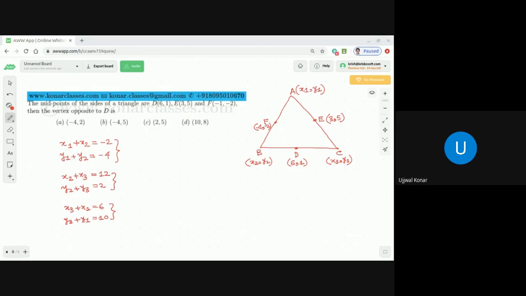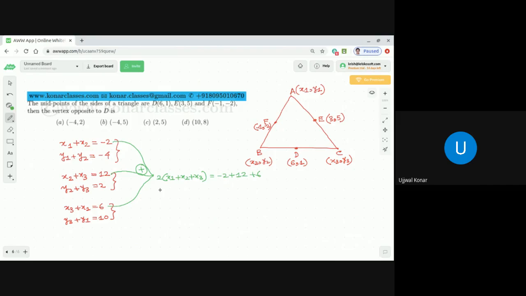Now what we can do is add all the x related equations. Let me use a different color. So the x related equations are this one, this one, and this one. If we add all of them, then what are we going to get? 2 into (x1 plus x2 plus x3) is equal to minus 2 plus 12 plus 6.